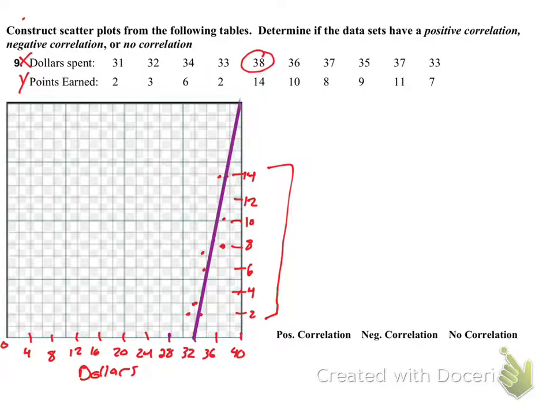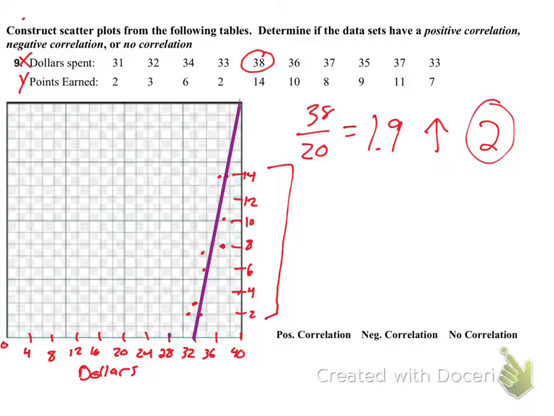Now there's 20 lines on the x-axis. So I take 38 divided by 20. When you do that, that's 1.9. So let's just make it easy on ourselves, and we're going to round up to 2. So each line on this x-axis is going to be 2.